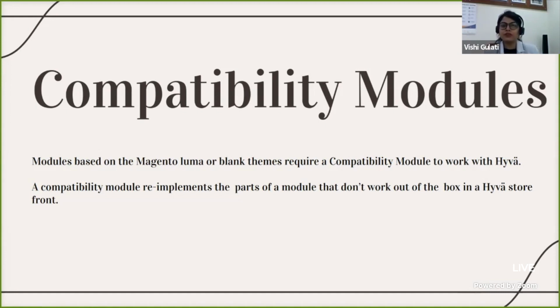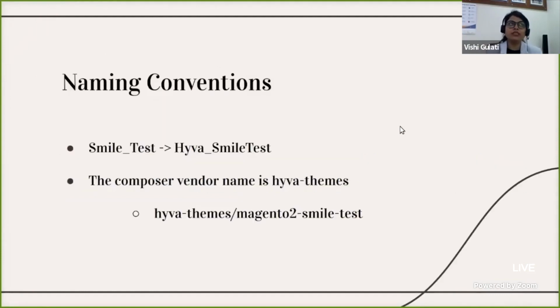We create a compat module for that, so that it will start working with Hyvä as well. They follow some naming conventions so that everyone is in sync. If you have a module where the vendor name is Smile and the module name is Test, then you can create an extension named Hyvä underscore Smile Test, and in vendor you need to add Hyvä Themes as the vendor name.